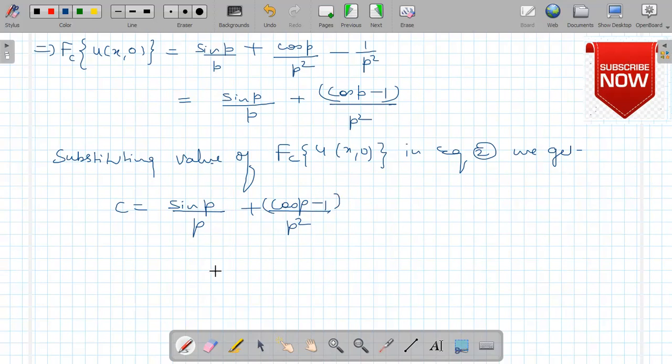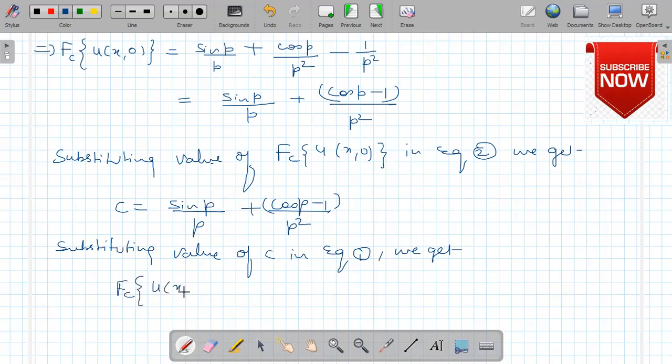Okay. Now substituting the value of c in equation number 1, we get the value of Fourier cosine transform of u(x, t).